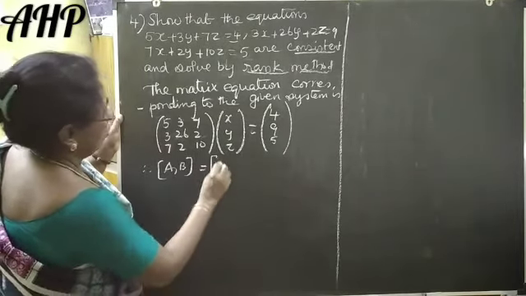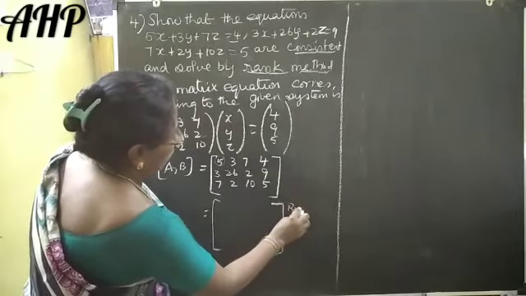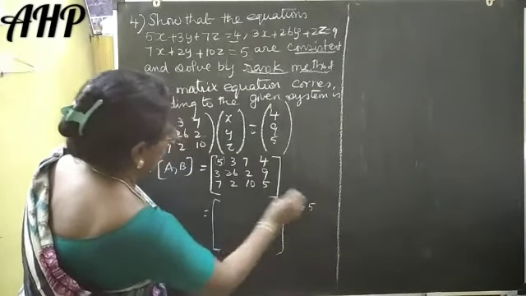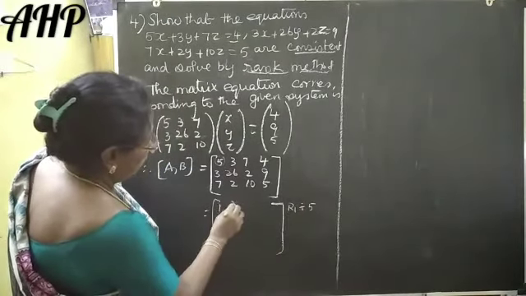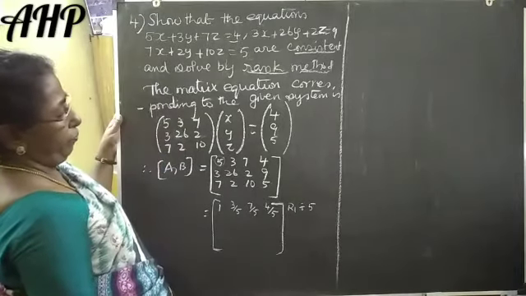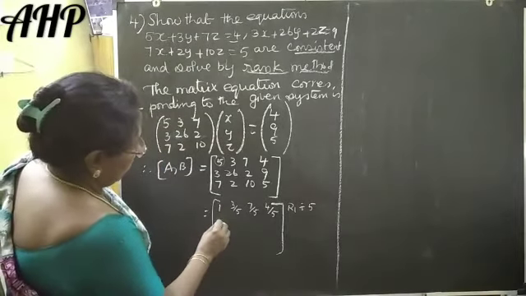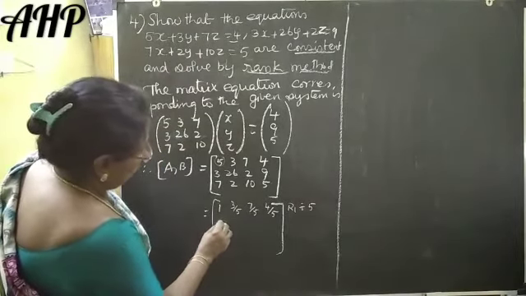To make this place 1, we can divide the whole R1 by 5. So R1 divided by 5 will give you 1, 3 by 5, 7 by 5, 4 by 5. Write the other set of equations as it is: 3, 26, 2, 9, 7, 2, 10, 5.